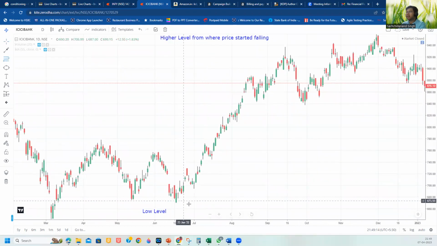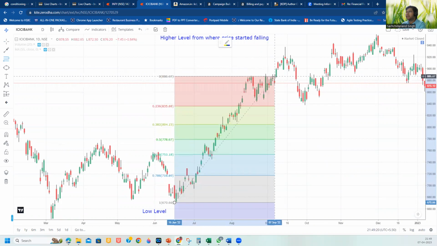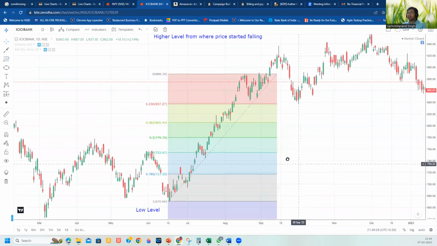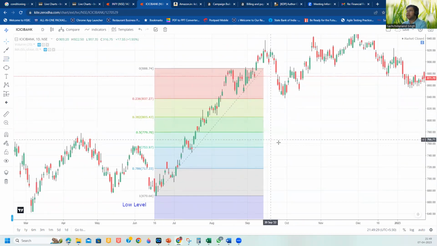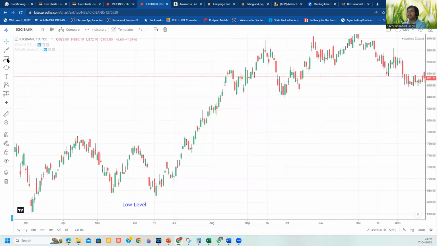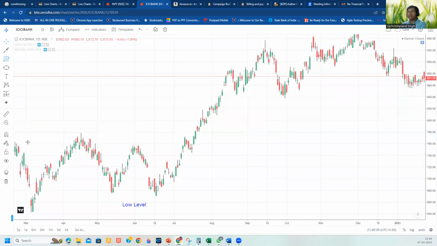So actually, to calculate the retracement, we need to start from the lowest point and reach till the highest point. Okay, so yeah, this is the right way it is working. So to calculate the correct retracement, we need to start the first point at the bottom. I'll just put it once again for you. I will select the retracement tool from here and select the fib retracement tool.